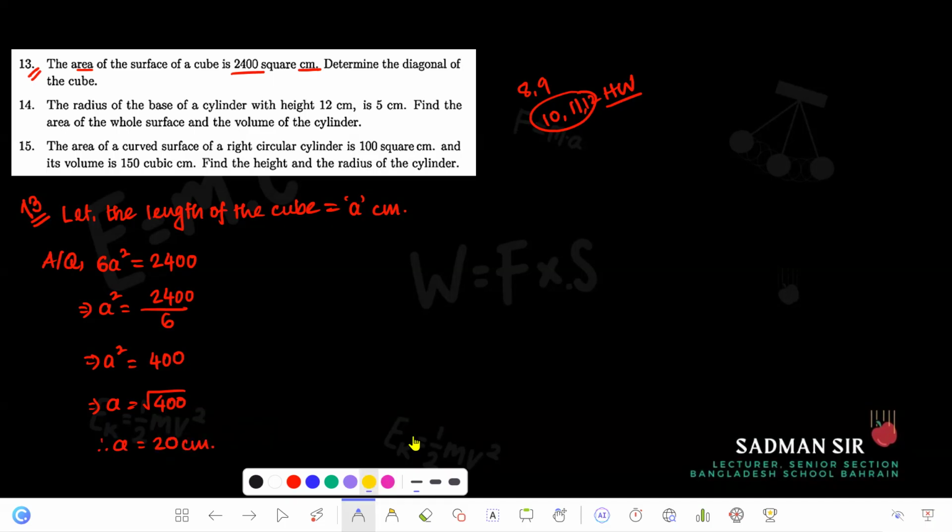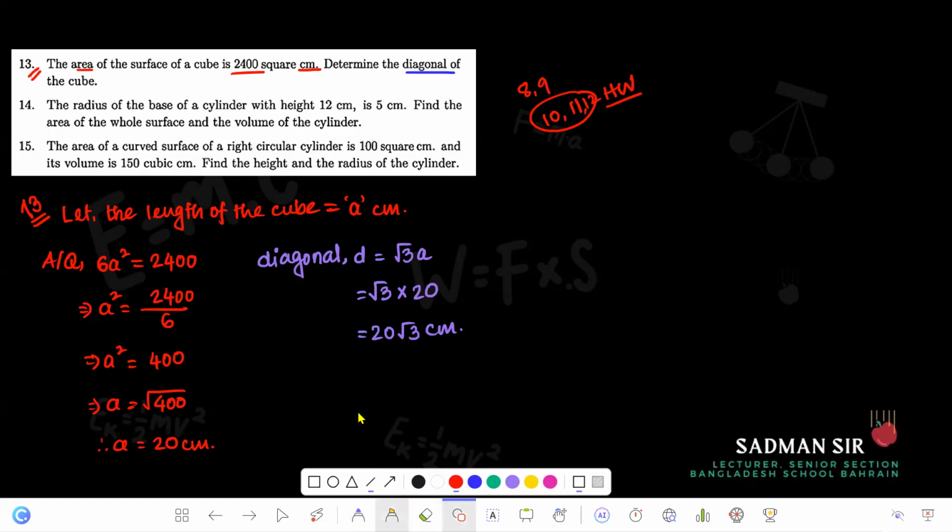So now we can find out anything for the cube. They told us to find the diagonal of the cube. It's just application of formula, nothing else. Root 3 into a, we got 20. So either you can write 20 root 3 centimeter, or you can convert this into decimal and then write it down.